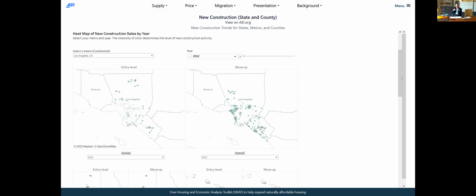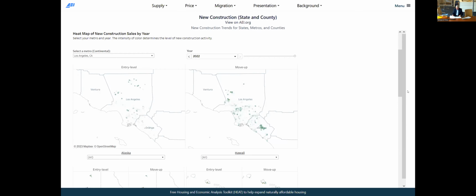That just means there are more individual units, and as those units come together, they create these green areas on the map. If you change to 2022, you'll see that they both go down, but the entry level goes down by a lot. The move up also goes down. You see a lot of the move up is now in Orange County and just some small areas of Los Angeles.